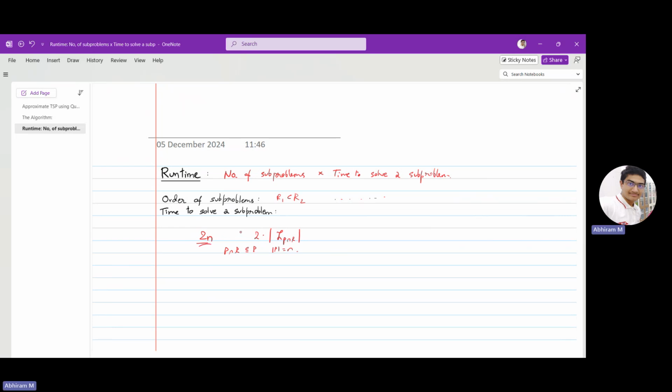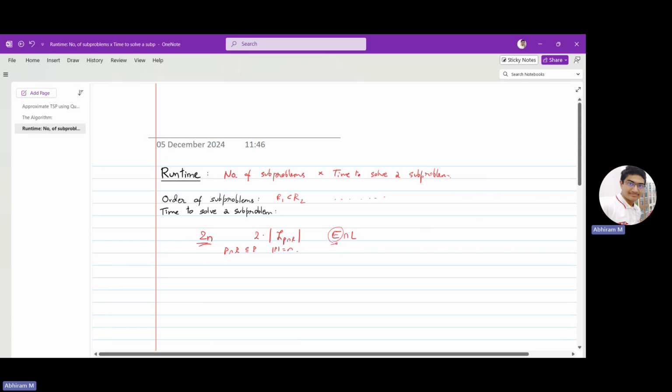And for each of those lines, we are considering a subset of E intersection L, right? Since L is a line and E is a collection of edges, each edge can intersect the line at most once.